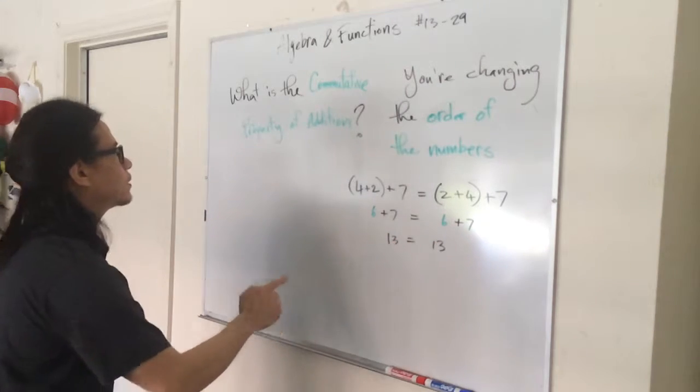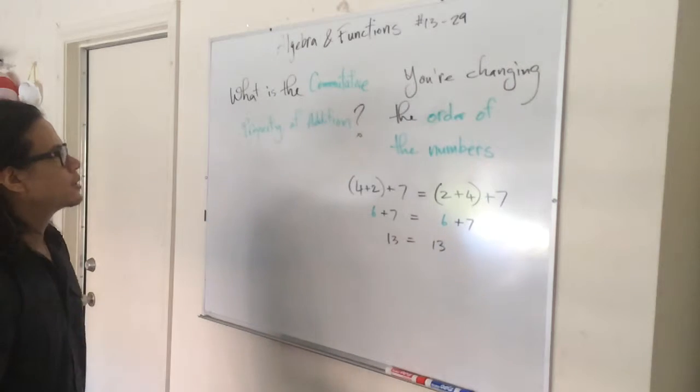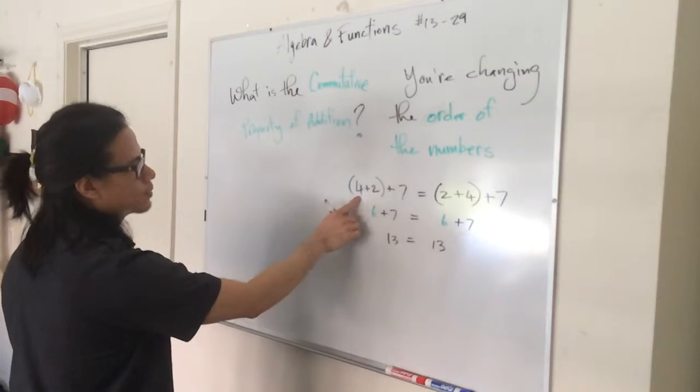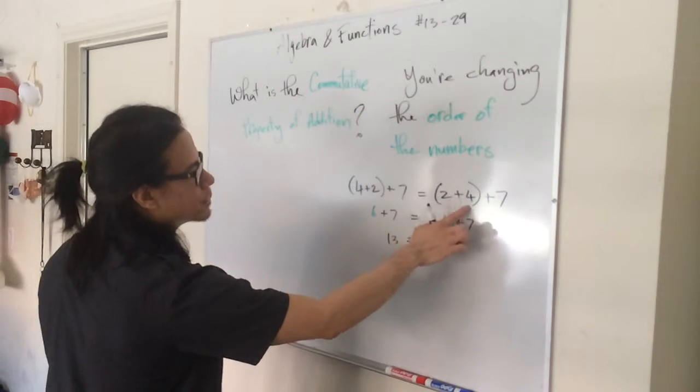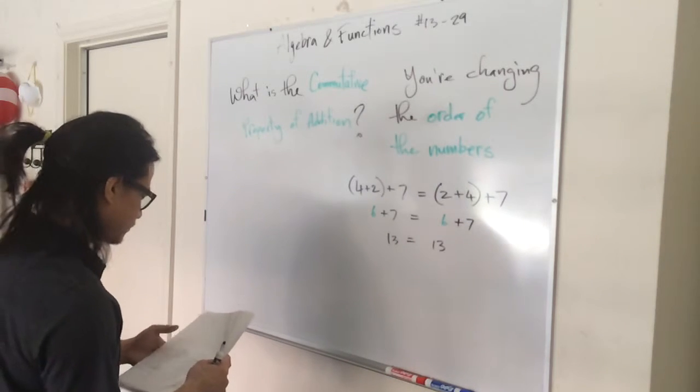So now you can see that according to the commutative property of addition, even when you change the order of the numbers, here is 4 plus 2, here is 2 plus 4, either way you're going to get the same result.